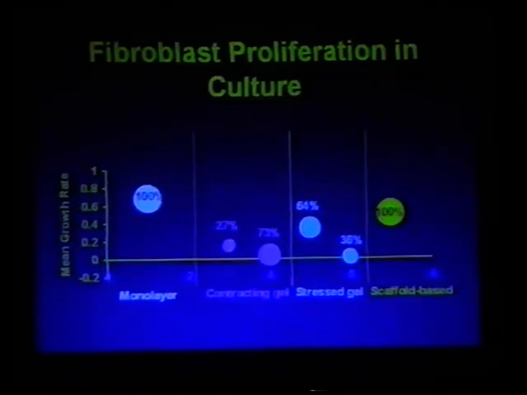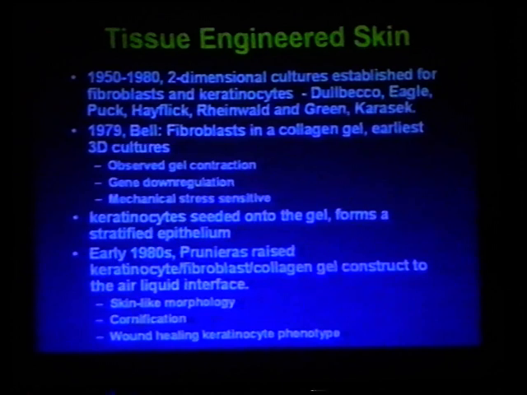So in a contracting gel, you get a downregulation of growth and proliferation, and this is relieved somewhat if you constrain the gel so that it can't contract. If you prevent contraction, then a larger proportion of the cells will proliferate, although a substantial number remain not proliferating. So this is a system which has been exploited extensively, although it's not the system I'm going to discuss.